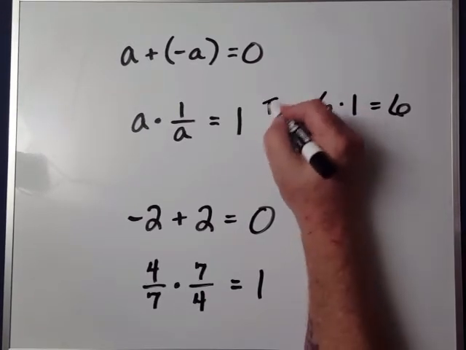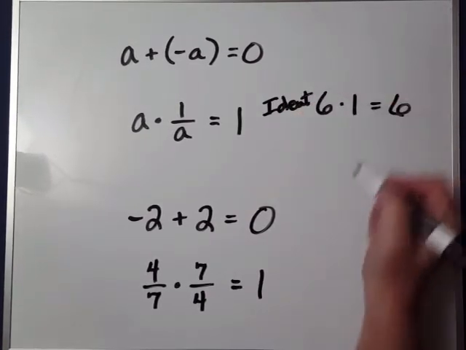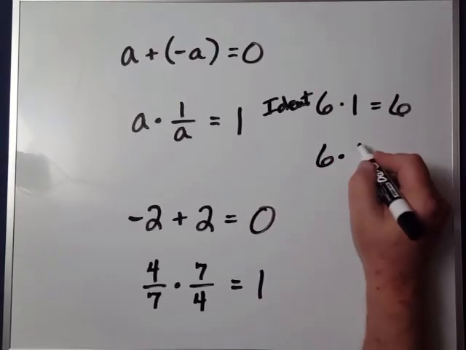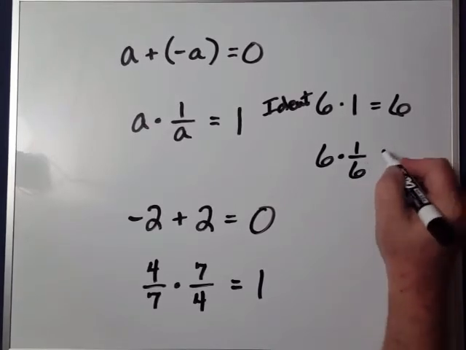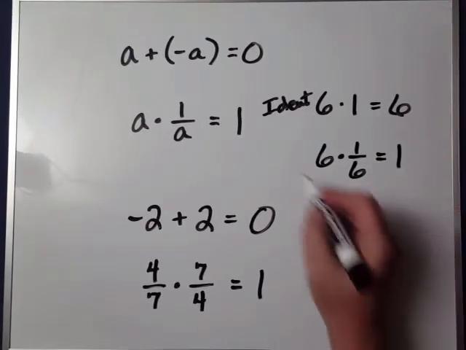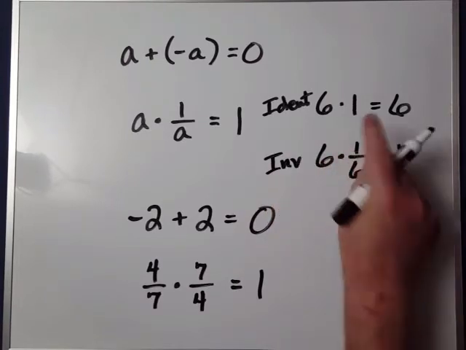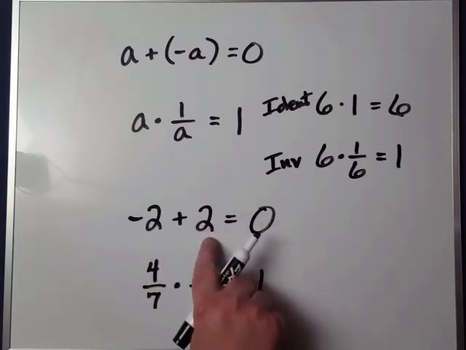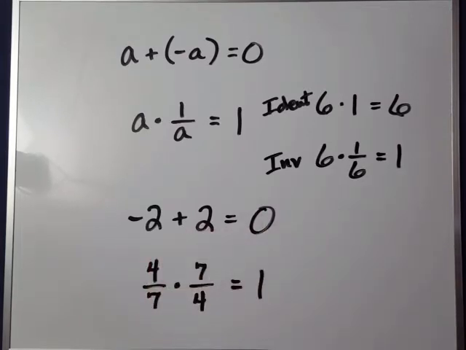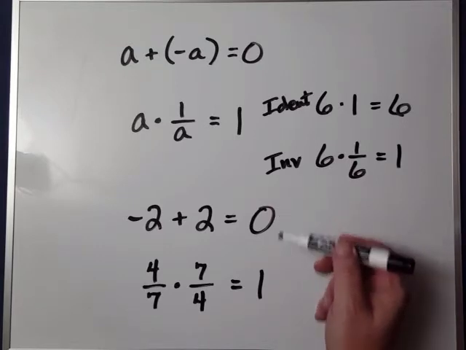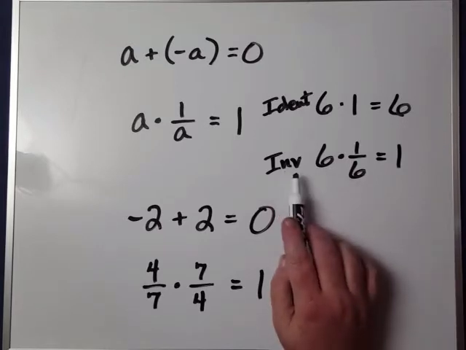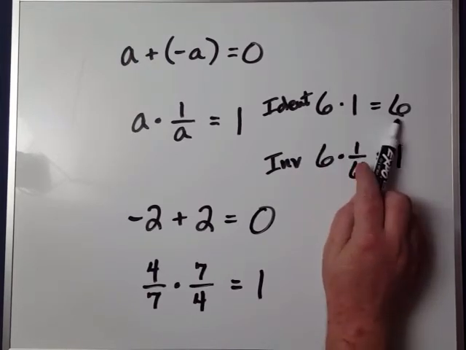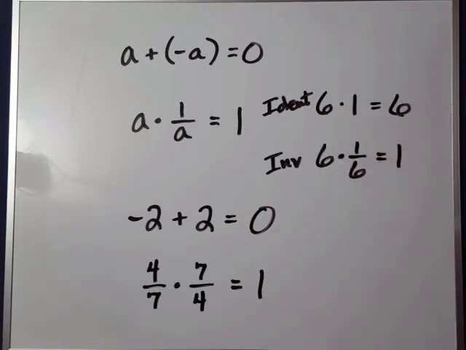That would be identity. The inverse property would look like 6 times its reciprocal gives you 1, the multiplicative nothing. Identity leaves things alone. Inverses cancel. Whether you're adding opposites or multiplying reciprocals, inverses cancel to leave you nothing, the additive nothing or the multiplicative nothing. They do not change the value of the original number.